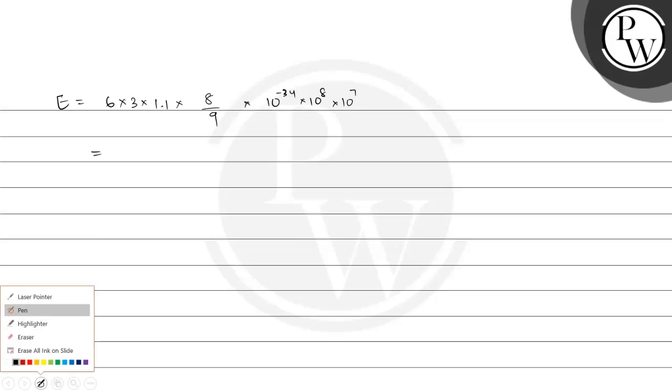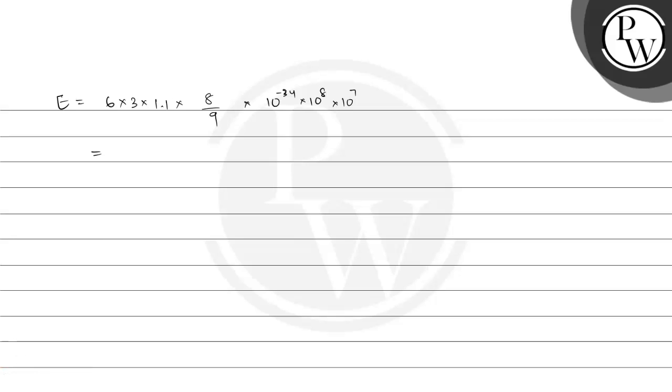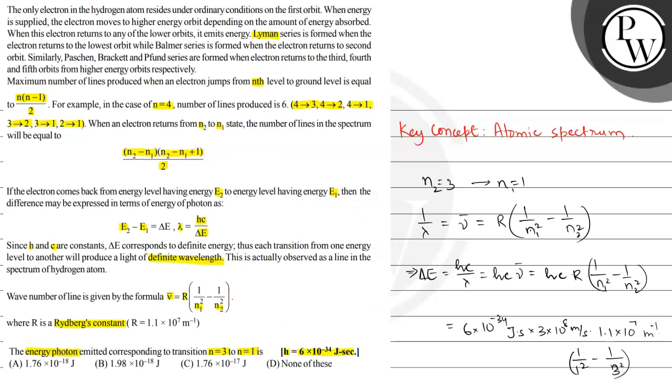The simplified value will be 1.76 multiplied by 10 raised to the power minus 18 joules. So this is the energy of photon emitted, which is correctly given in option A. So our correct answer is option number A.